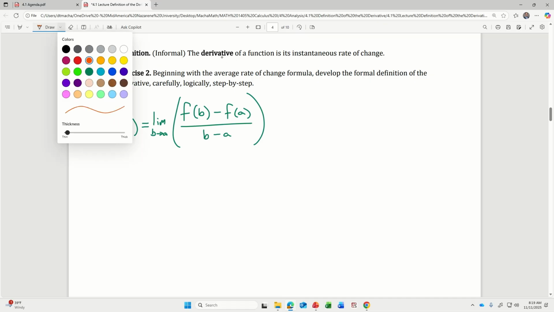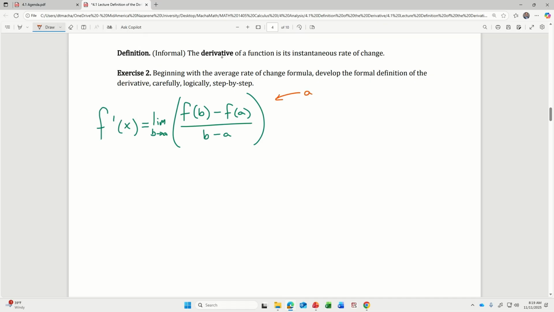So right here, we have the average rate of change formula, and you can imagine a tiny interval from a to b. I should use square brackets.